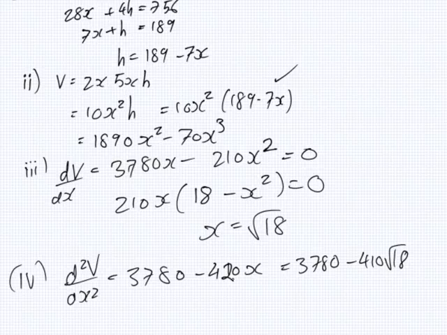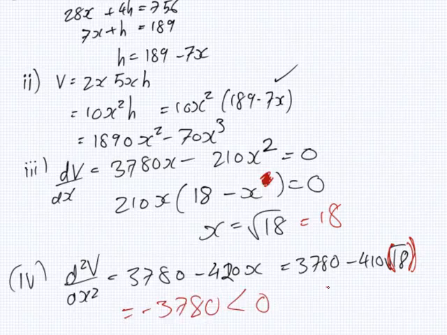Oh wait, sorry, here's my mistake. It's not x squared here. Look. This is just x. So this is 18, not root 18. That's better. So this equals minus 3780, which is negative, which makes it a max.